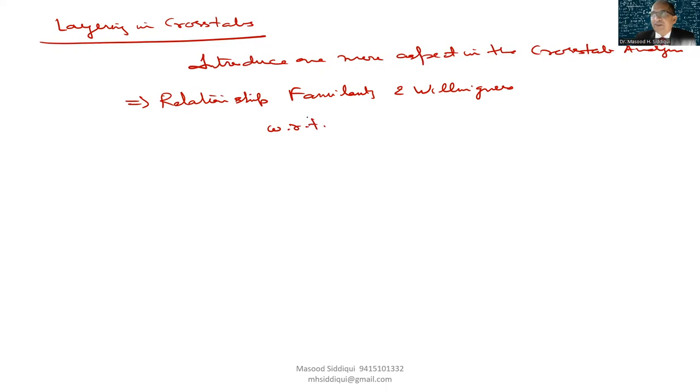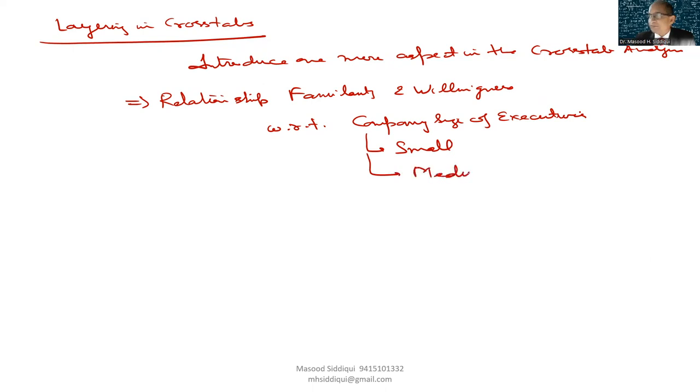So here we will be making use of that variable with respect to company size of the executives. And there are three company sizes. One is small, the other one was medium, and the third one was major corporation.